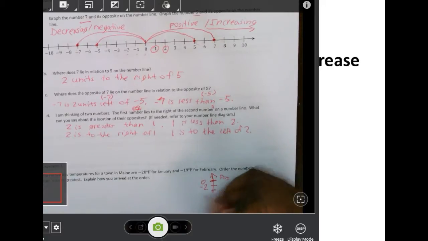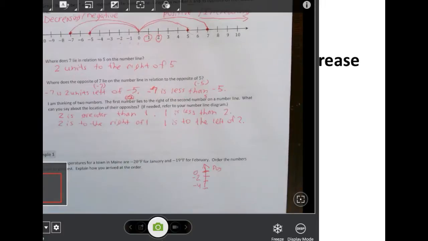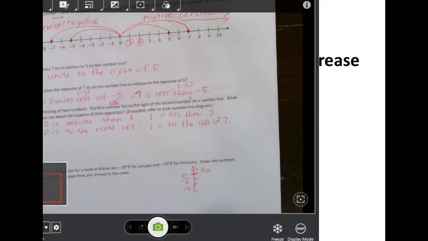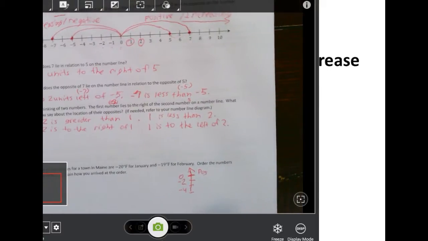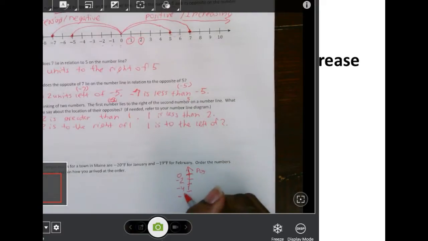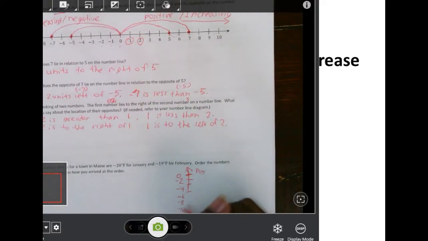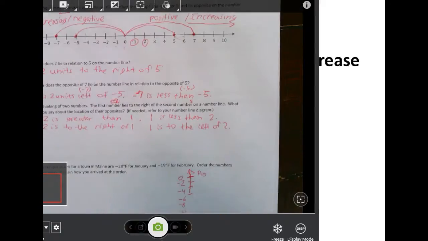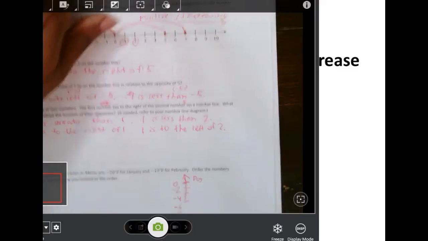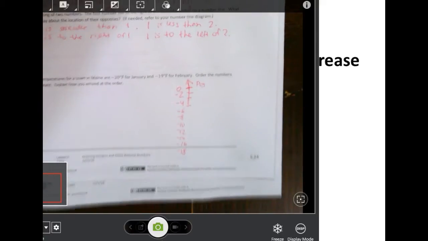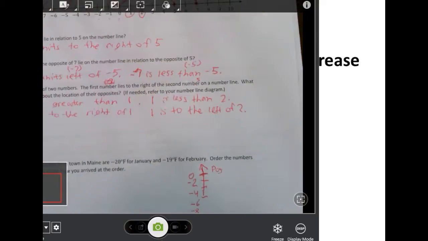We're going to count by 2's. -6, -8, -10, -12, -14, -16, -18, -20. So that means that -19 will be in here.